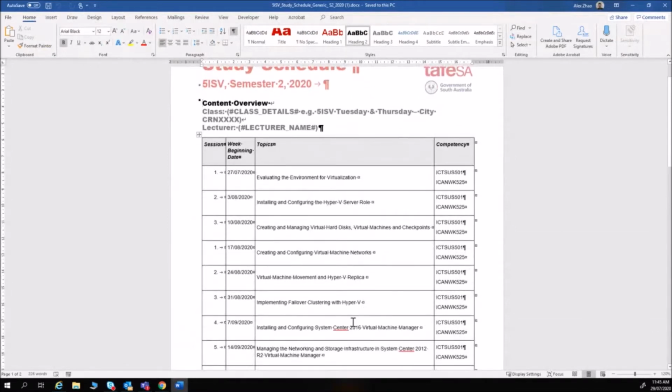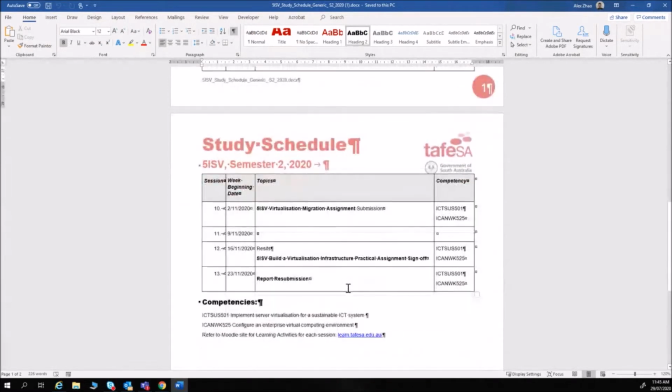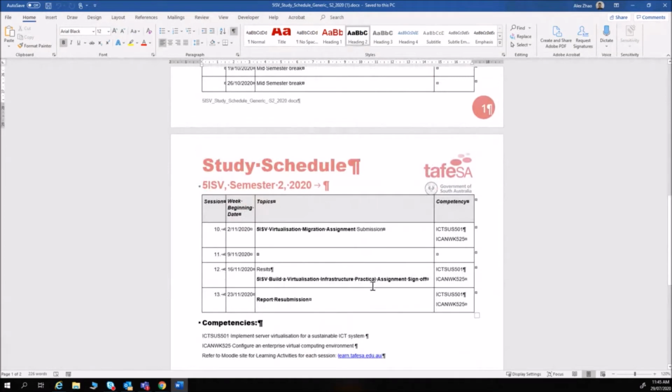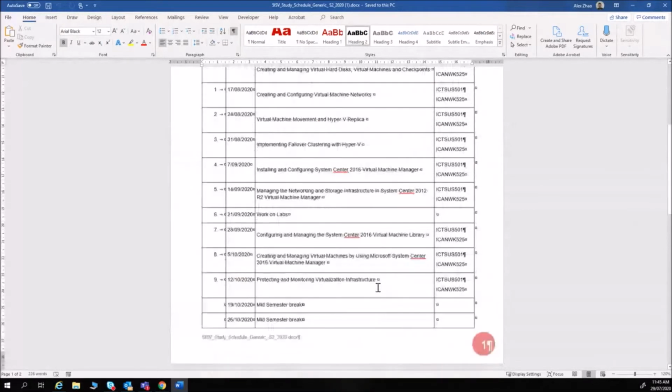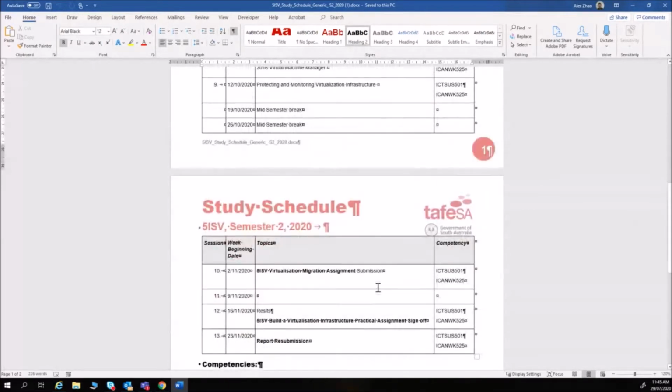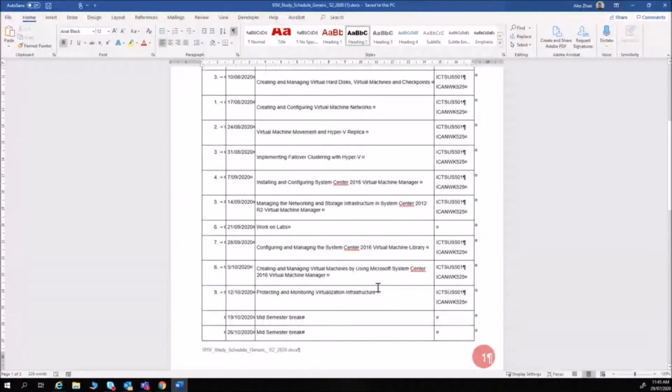Basically, the topics and when we're covering them, and probably just as important, when assessments are due. The general rule with TAFE is that you get 2 attempts with every assessment, but on the due day of the assessment is your first attempt.